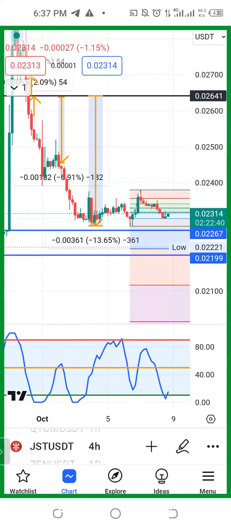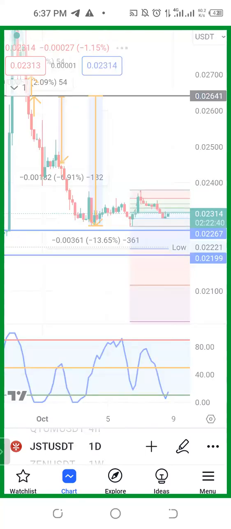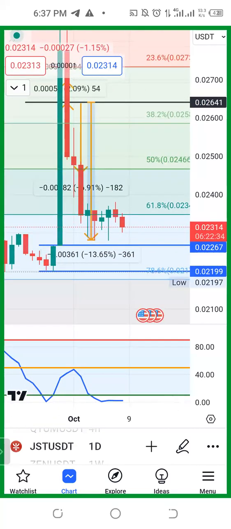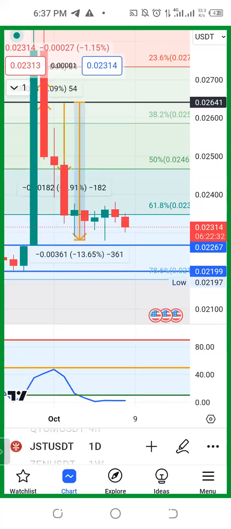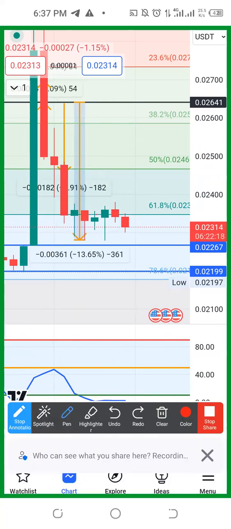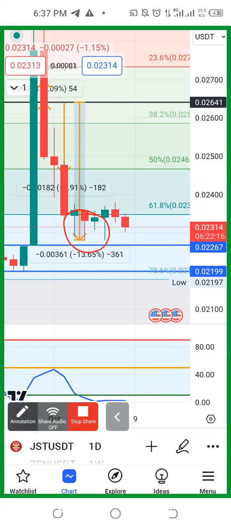We entered the coin at 0.026. You can see that black line. That was when we entered. And the coin has gone down by -13. That's gone down by -13.